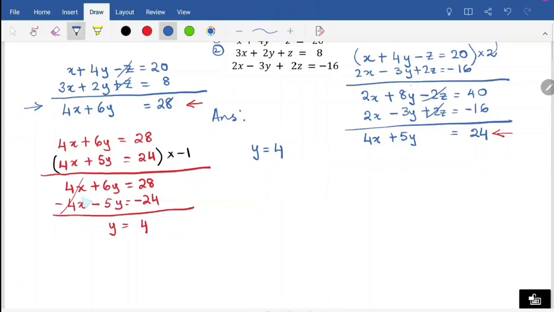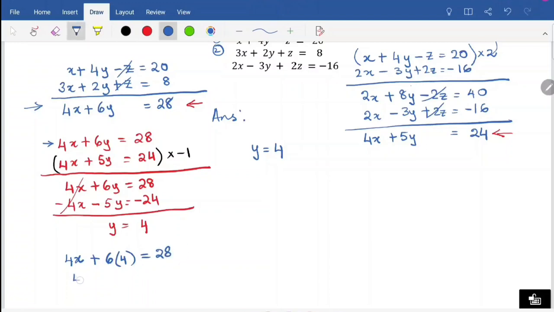To find x, all we have to do is plug in 4 for y in any one of these equations and solve for x. So we'll take the first one. 4x, I'm just taking the first one, you can pick any one of these, plus 6 times 4, y we now know is 4, equals 28.